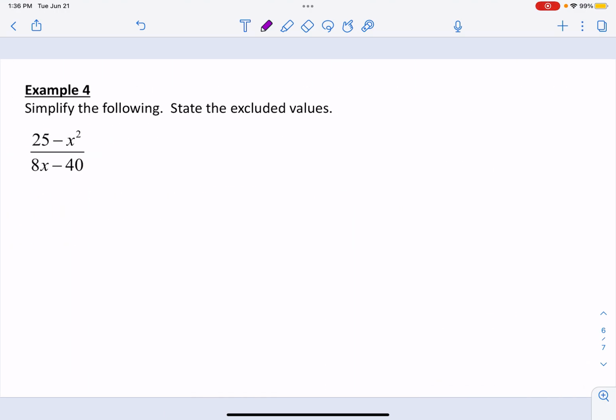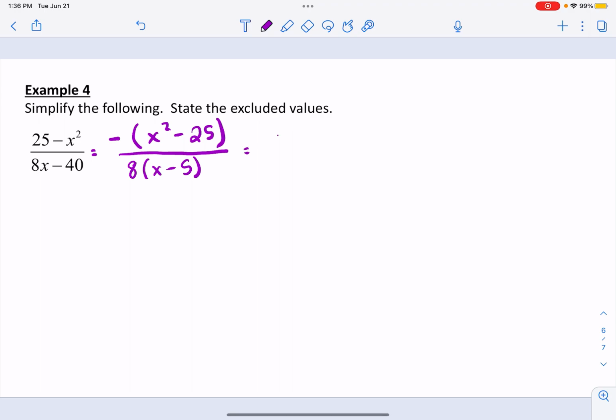Okay, simplifying this expression. I do this a little differently than the book. I do this differently because I'm a rebel. I always like my x squared term to be positive. So I'm going to factor out a negative 1 that changes the sign of everything. On the bottom, GCF, factor out an 8.